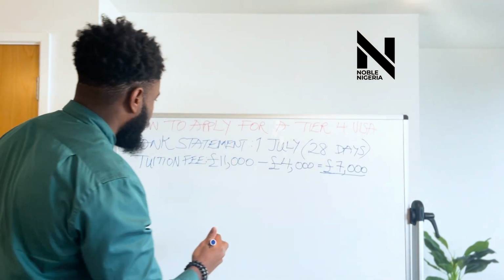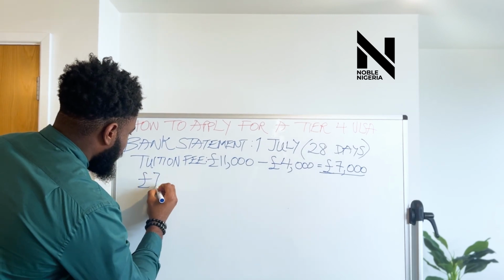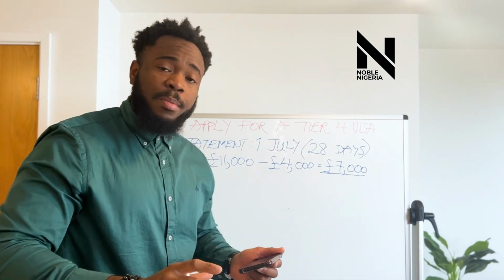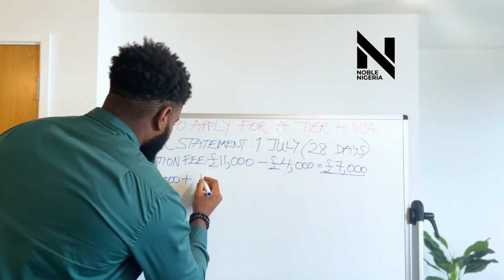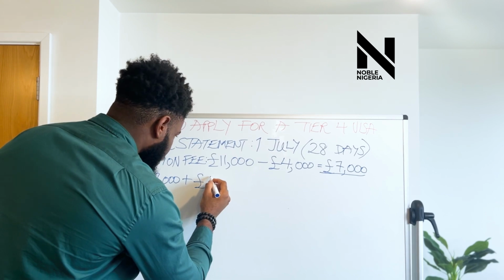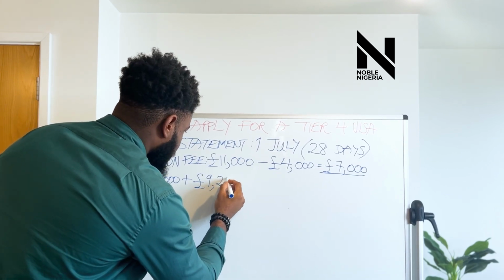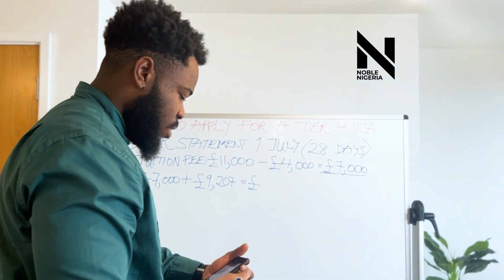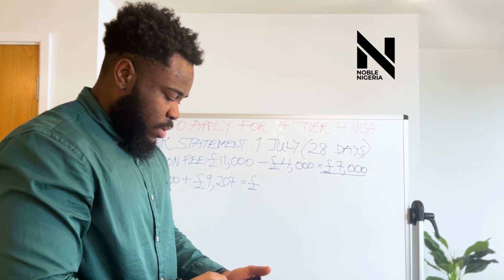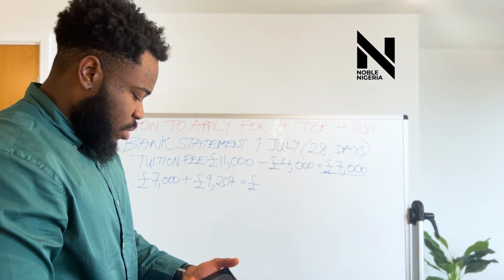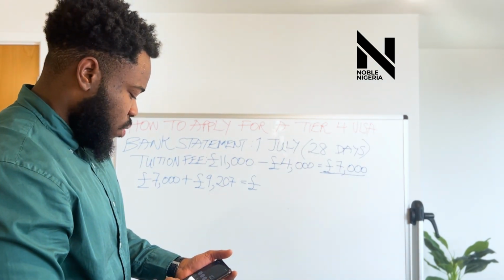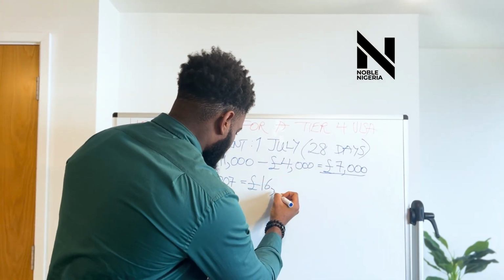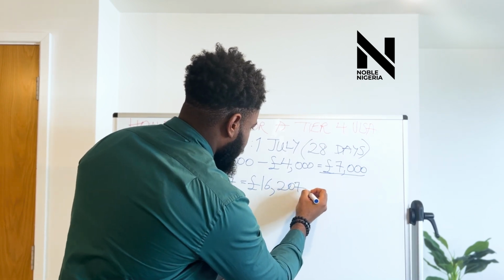So you take the £7,000 plus what they call the maintenance fee of £9,207. Just bear with me, I need to use a calculator. £7,000 plus £9,207 gives £16,207.